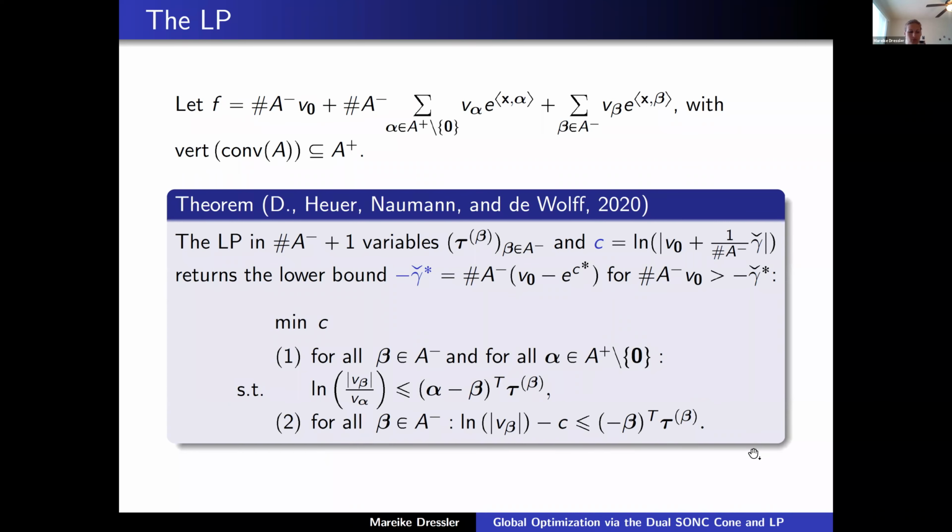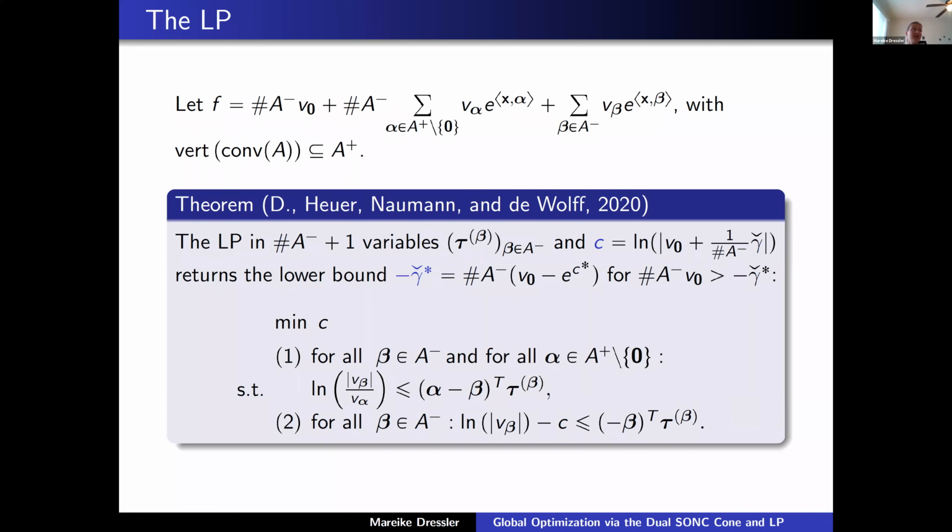And maybe already one word to the numerics here, namely, I want to stress the fact that, in fact, we solve here a lot of linear programs, not only one linear program, since we have to decide this for every interior point beta and each vertex alpha.